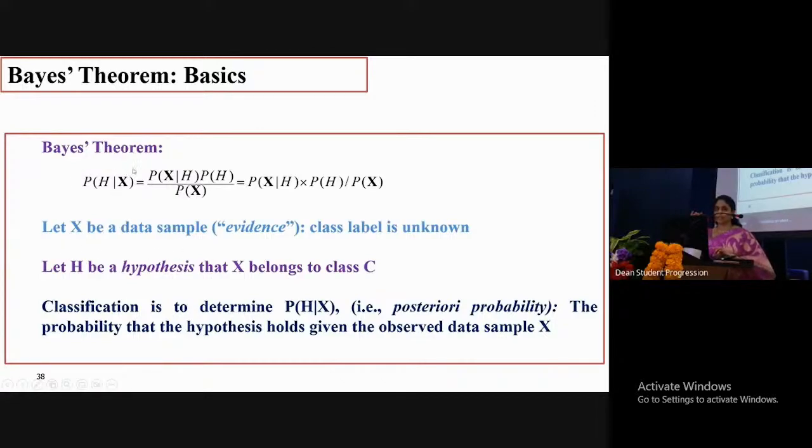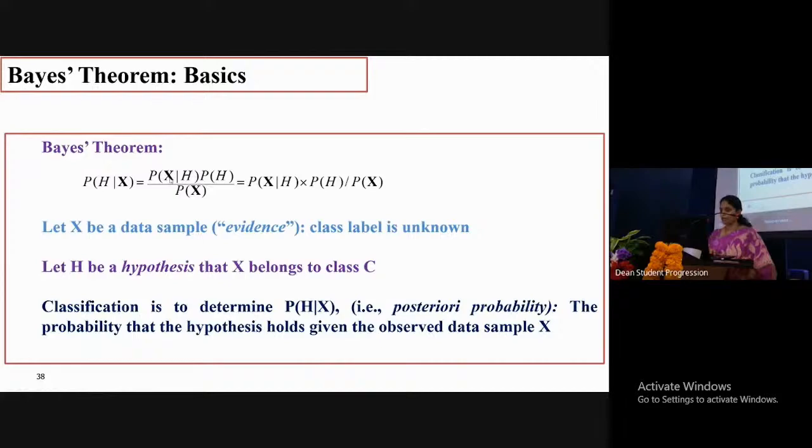Many of you must have worked some problems on this. The probability of occurrence of the hypothesis based on X is called your posterior probability. P of X is the evidence, that is, a class label which is known.